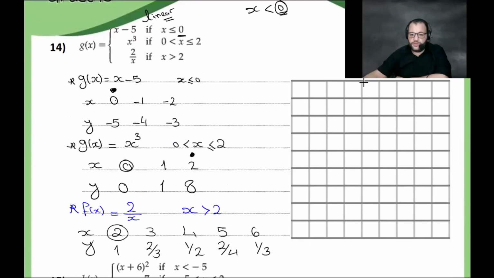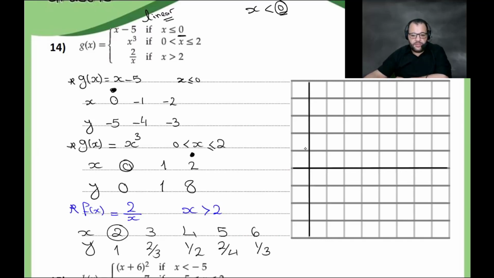How will the graph look like? We don't need the negative part because we start from 0. So I will shift the graph to the left. I only need the positive part, so we need the positive more.